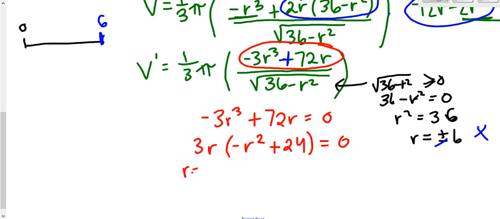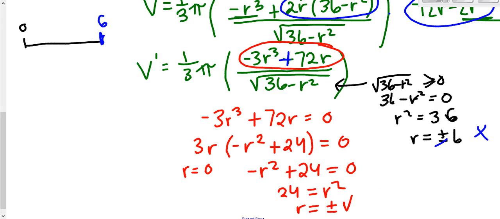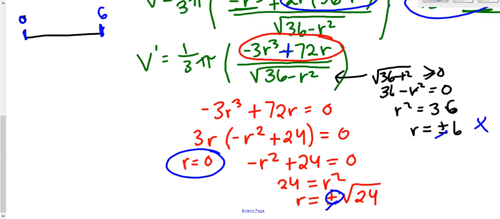So r is going to be equal to 0, and here we'll do negative r squared plus 24 equal to 0. Add r squared, 24 equals r squared. So r is plus or minus the square root of 24. And again, we cannot have the negative one, so we are only going to look at the positive square root of 24. We got r equals 0 as a critical number, but we know that the radius cannot be 0 because then I wouldn't even have anything to work with.